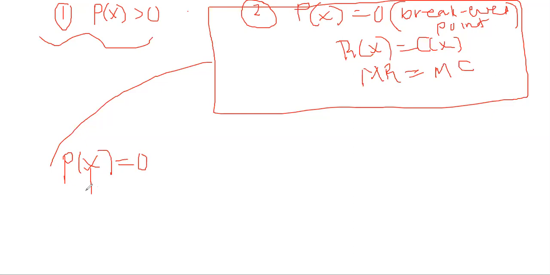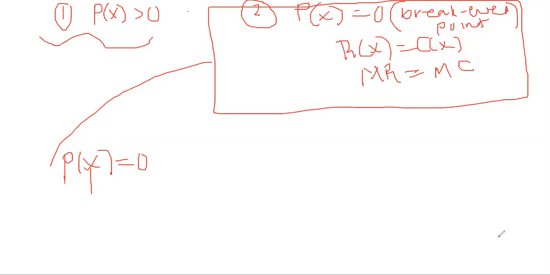We want to find the value of x whereby that will make the profit equal to 0. So we equate this to 0. When we solve this condition, we have x. That value is where the profit is equal to 0. If we know that, then we will be able to know the range at which the production is profitable.